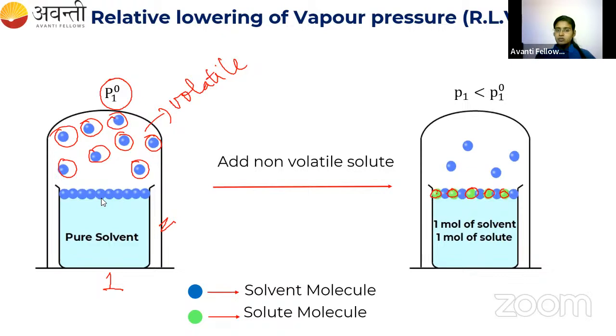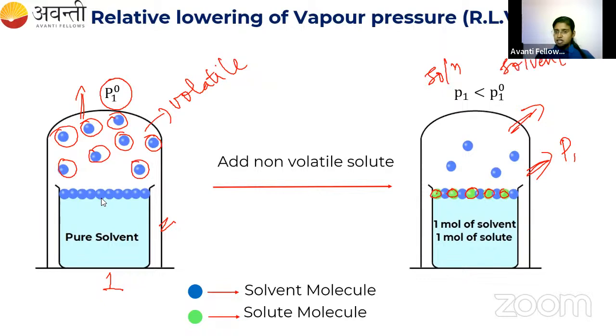So here the solvent molecules might have come out easily, but here it will take some time. Only a very few can come out. So here P1 is the vapor pressure of the solution, and P1 naught is the vapor pressure of the pure solvent. This is for solution and this is for solvent.